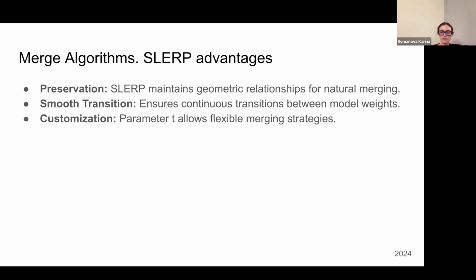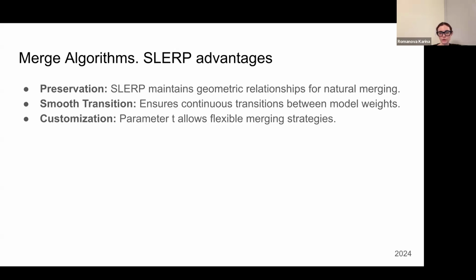Secondly, SLERP provides smooth and continuous transitions between models, which is essential when blending models trained on different tasks or domains. This smoothness helps to avoid abrupt changes in model behavior, leading to more reliable and predictable performance.